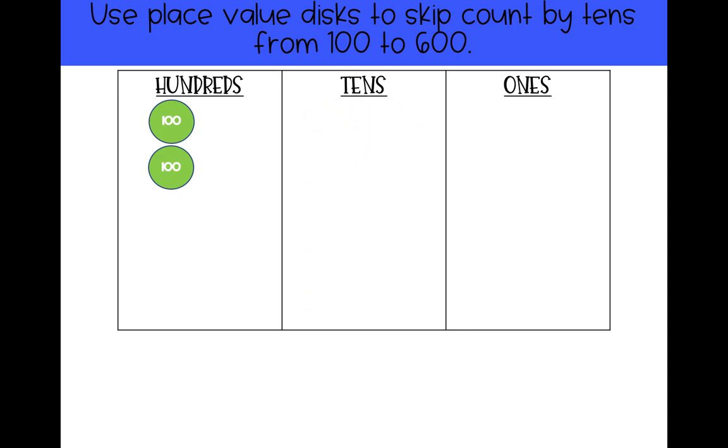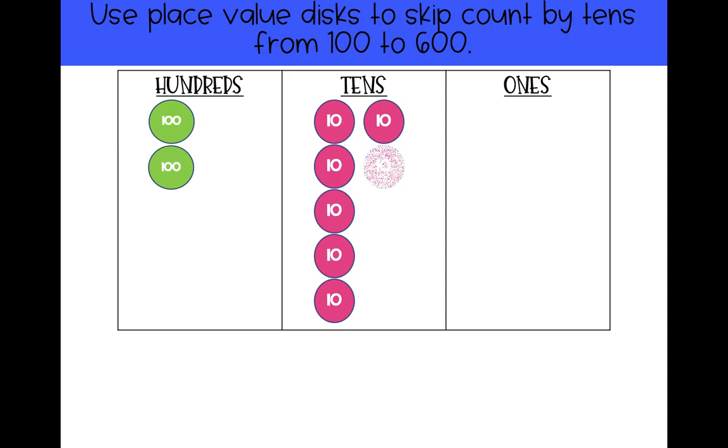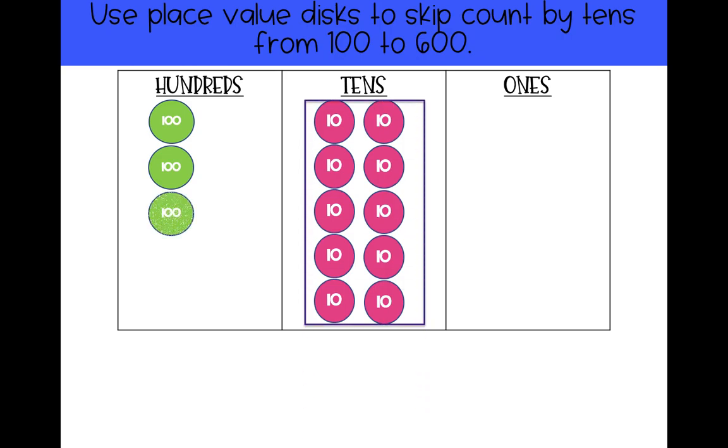Let's keep counting. We are at 200, 210, 220, 230, 240, 250, 260, 270, 280, 290, 300. We have 10 tens. What is 10 tens equal to? 100.